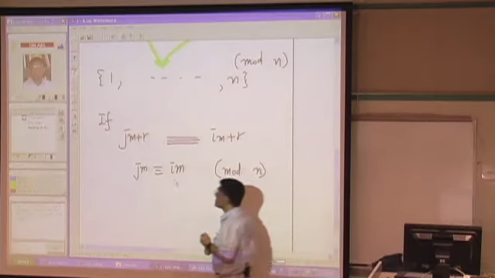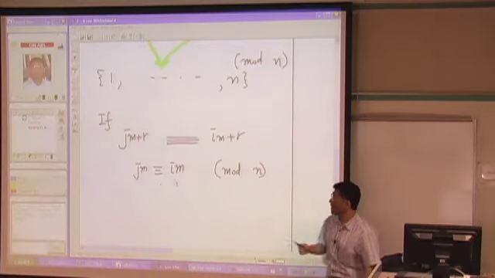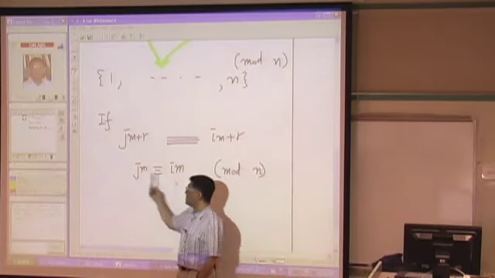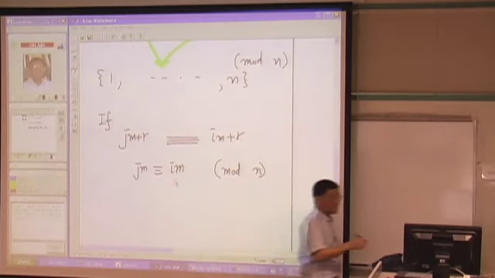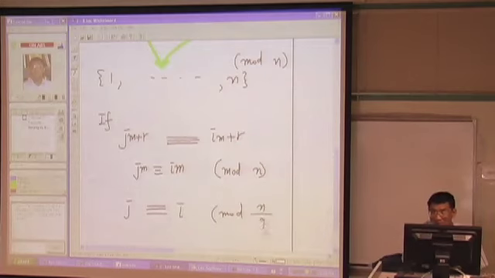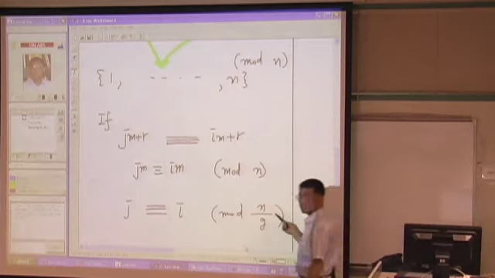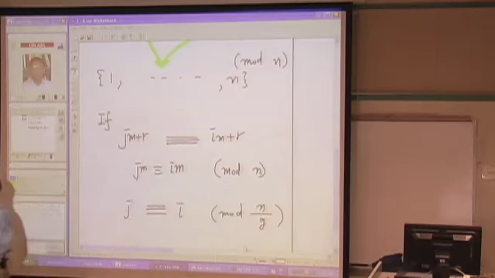Now, I will use the cancellation law. By the cancellation law, I will cancel out the common factor. And what is the common factor? M. So by cancellation law, I can say J is congruent to I mod what? N over G, right? Do you see? This is cancellation law. When I cancel some number, I should change the mod, right?